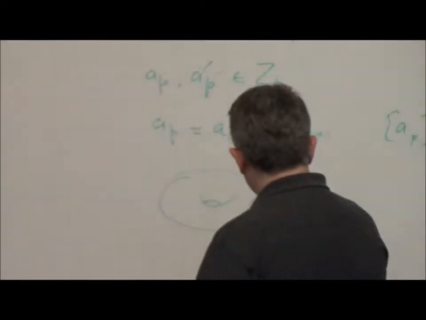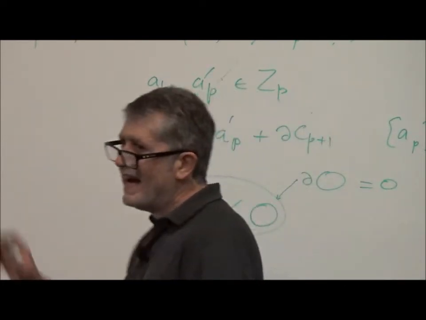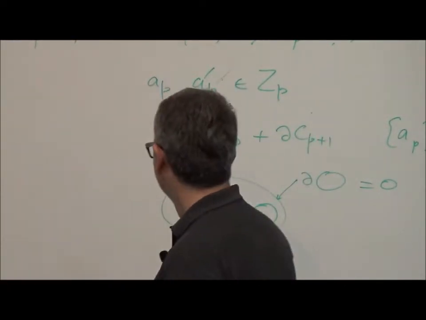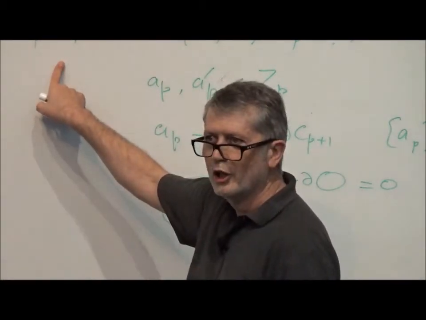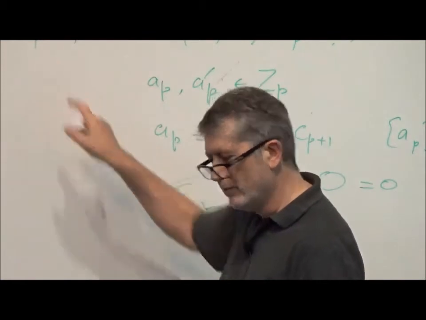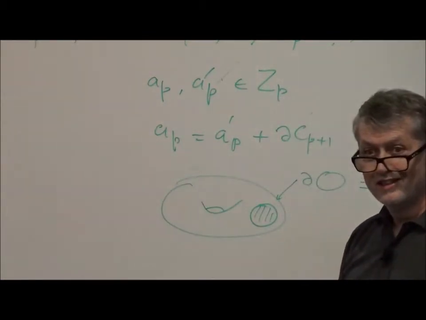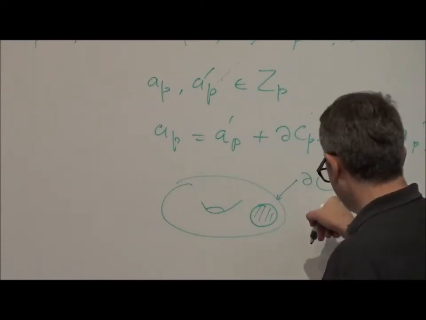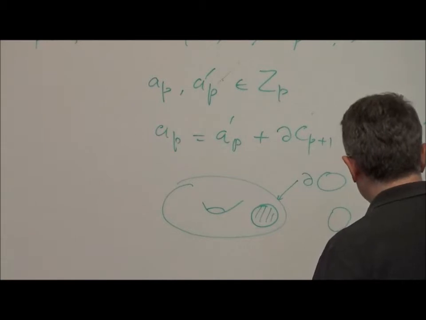So D of that circle is 0. So you think, ha, I've got somebody who's living in here. But that's not true, because after all, this thing bounds a disk inside the same space. So this circle is actually itself the boundary of the disk.